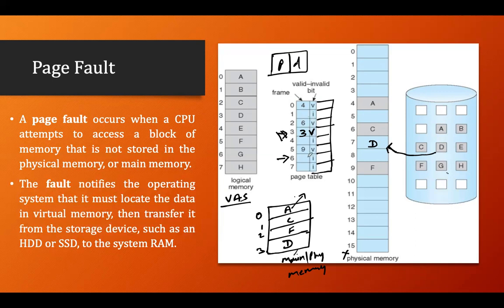Let's say there is a dirty bit. What is a dirty bit? The dirty bit tells whether a modification has been done or not. If there is a modification done on A, it is 1. If no modification, then it is 0.